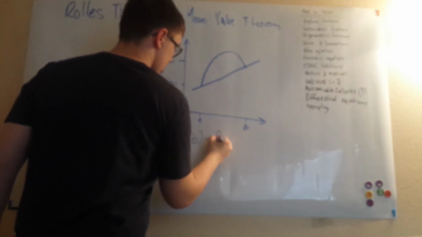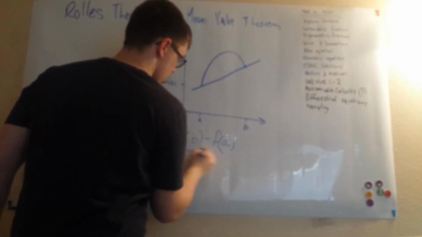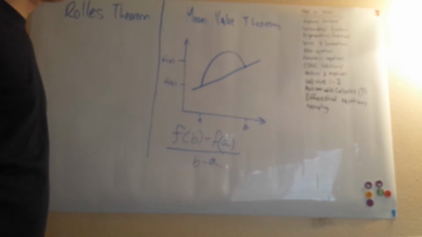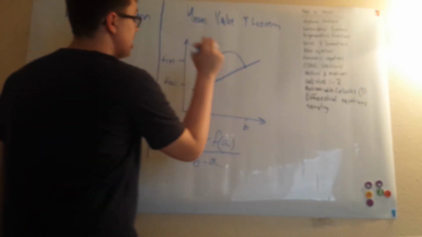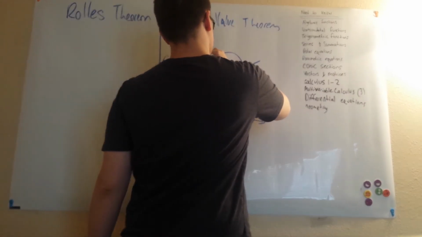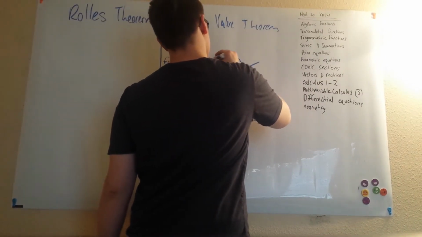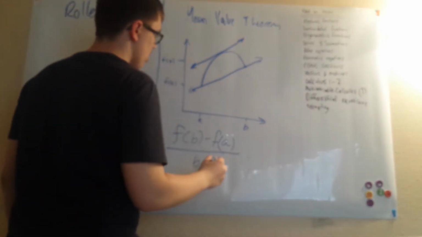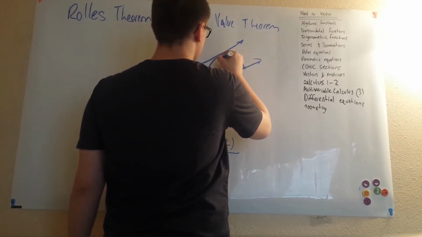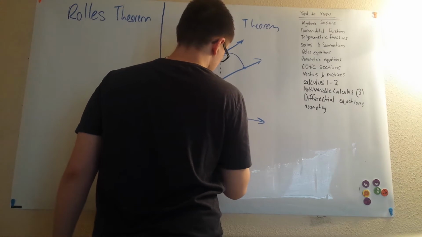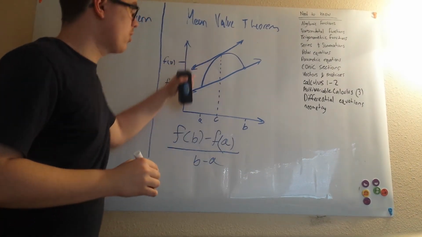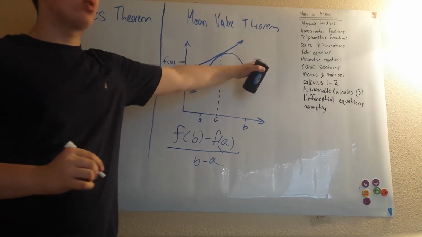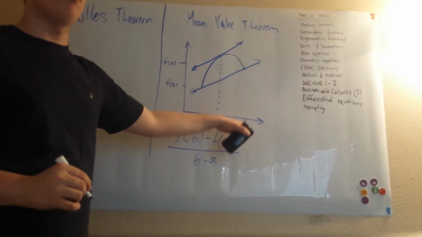Well, it looks like that, right? Wait, can we draw a tangent line that has the same slope as the secant line? Yeah, right here. Wait, this is some value C, some value C where the derivative of this function equals the average rate of change from A to B.